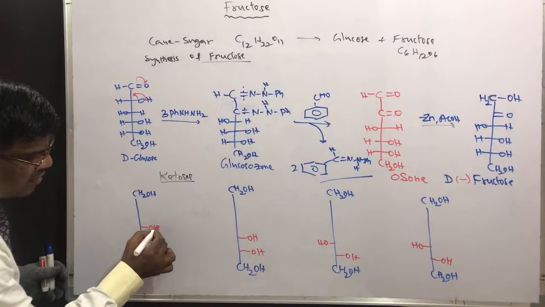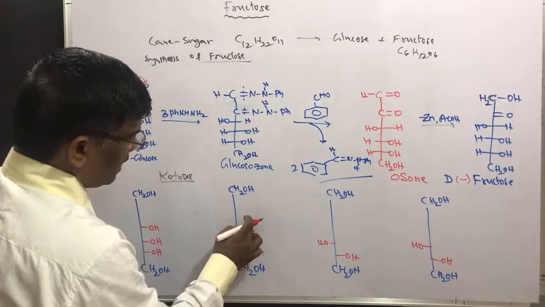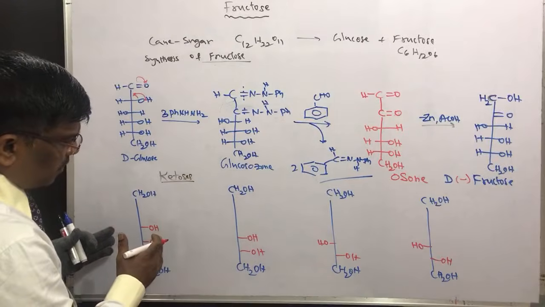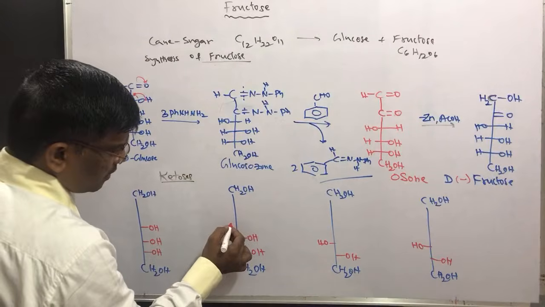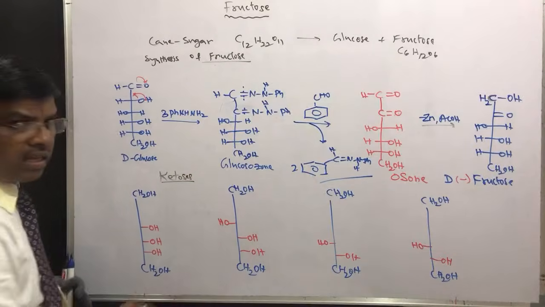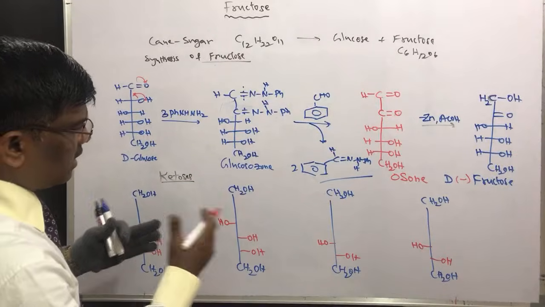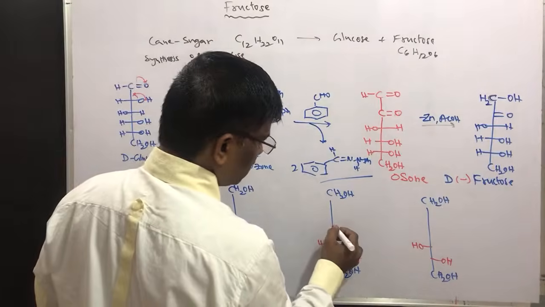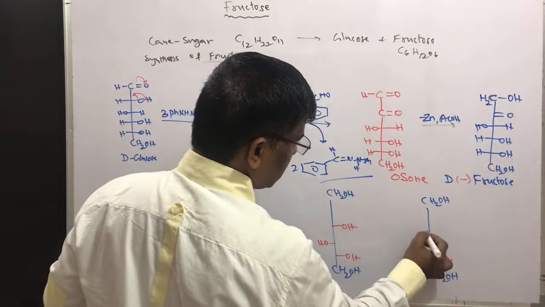So allose, same side, for example. And this can be prepared from here or here, like we have prepared from glucose. So towards right, left, then right, and this is left.